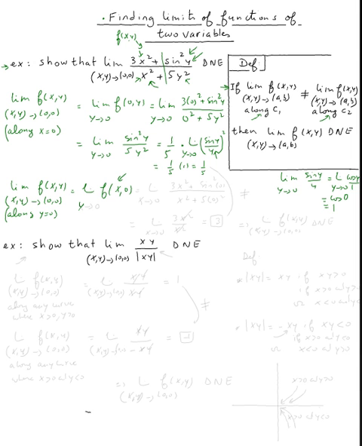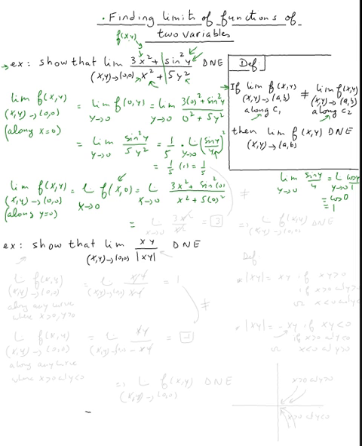Now this is a function of x, so all I need is x approaching 0. Now I'm going to plug a 0 for y's, so this will be (3x squared plus sine squared of 0) over (x squared plus 5 times 0 squared) as x approaches 0.